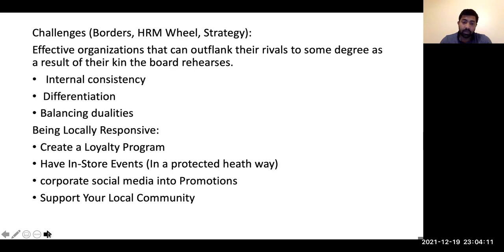Next, corporate social media promotion. This is one of the main points that most companies use nowadays in the time of the digital internet. We'll take full advantage of corporate social media, like television channels, broadcasting, radios, and other support for the local community.